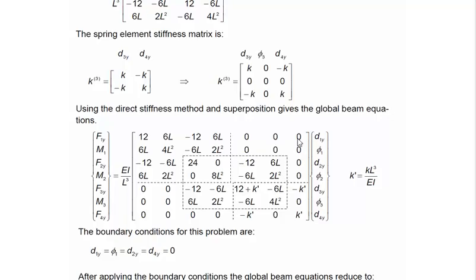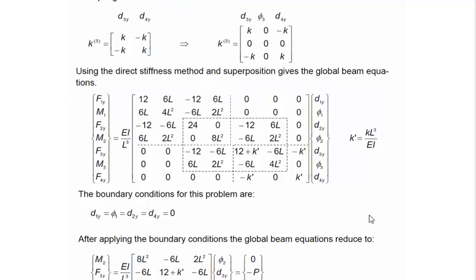That's how these degrees of freedom are labeled. So you make an empty 7 by 7 matrix. The element stiffness matrix for the first beam element comes here. The element stiffness matrix for the second beam comes here. And the element stiffness matrix for the spring element is placed over here. And that's the only trick in this problem, that you have to make the degrees of freedom consistent.